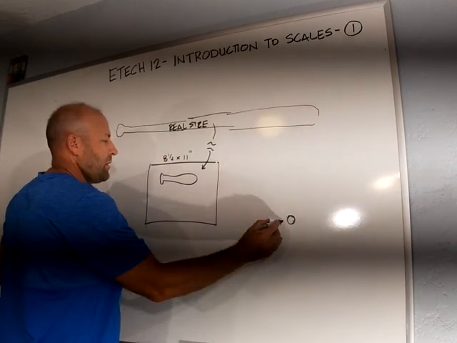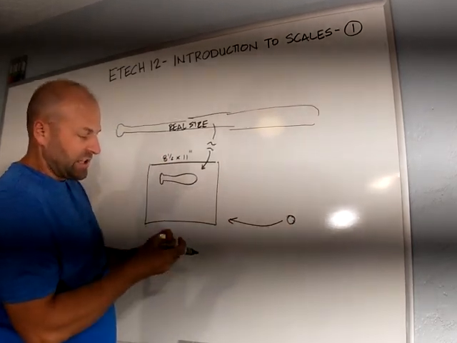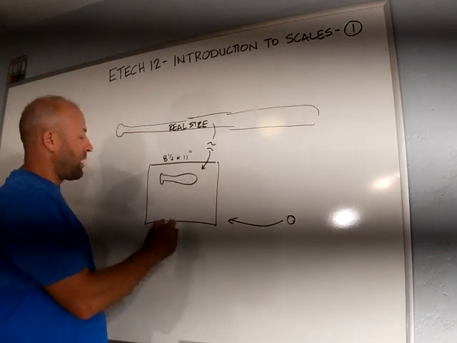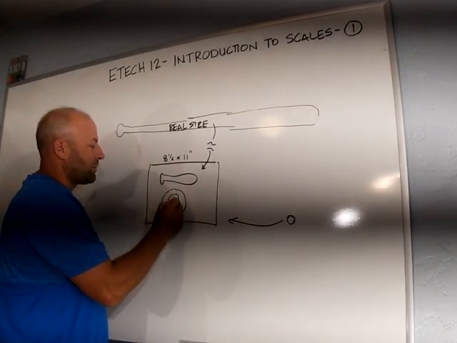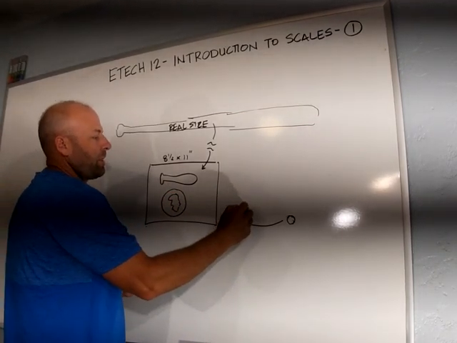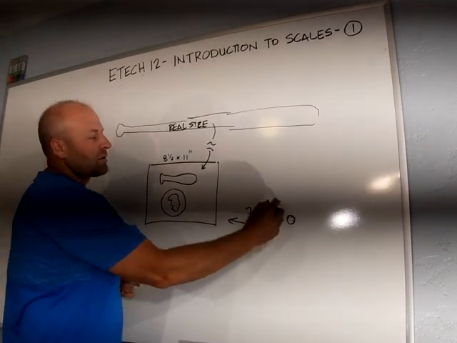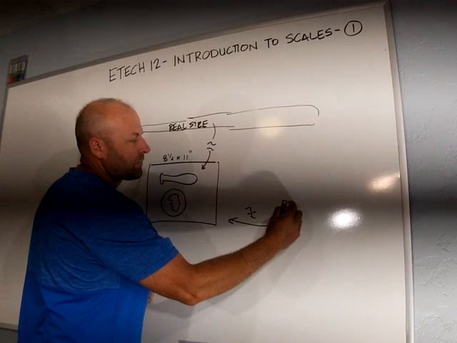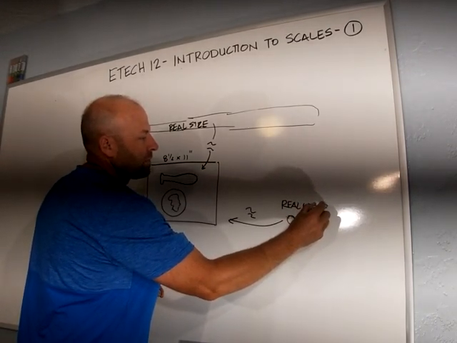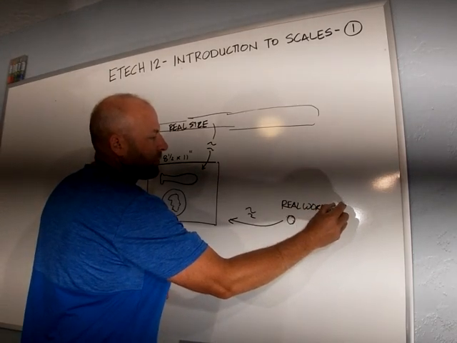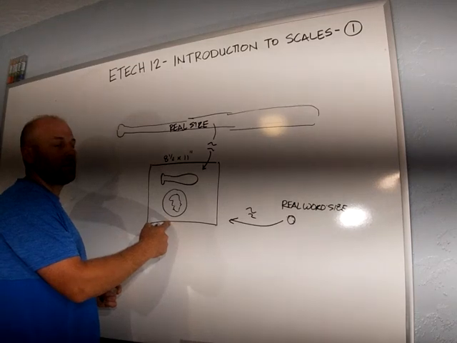To show it so you can actually see some detail on it, it's worth drawing. It's supposed to be the person on there. This is the real world size. This is the drawn size.